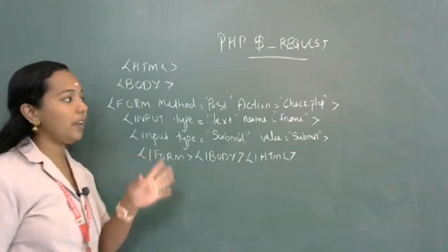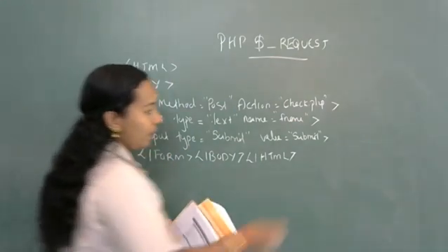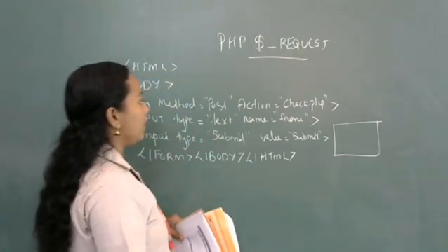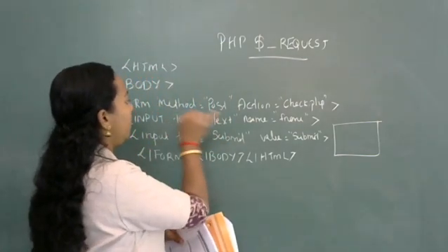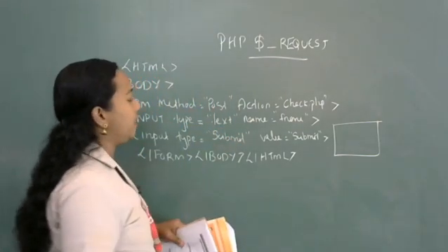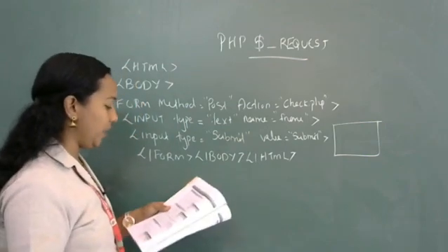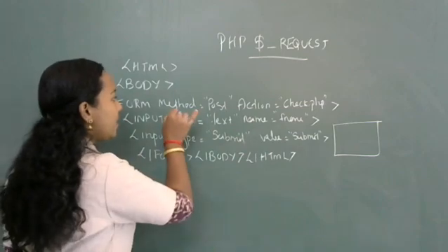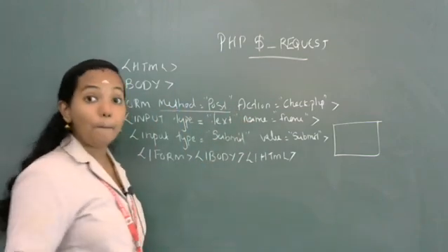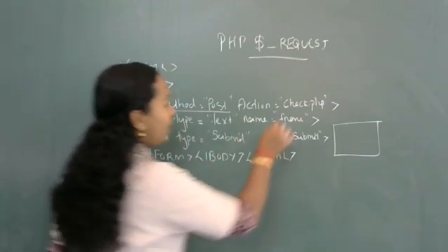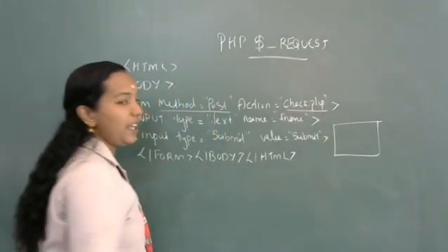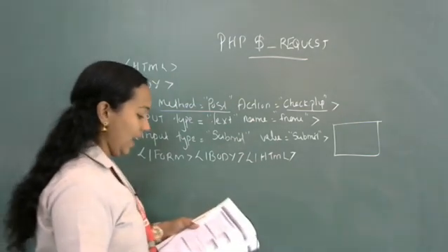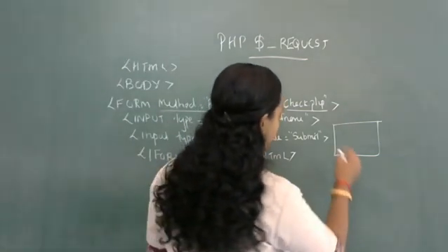Using this I am creating one form. The form will be like this. What is the form name? Form method equal to post, action equal to check.php. So we are creating a form using the post method, and when we click on the submit button, which PHP program will execute? The check.php program will execute.